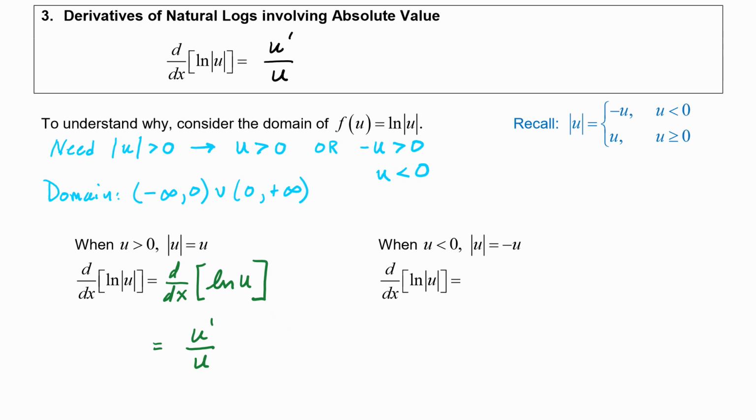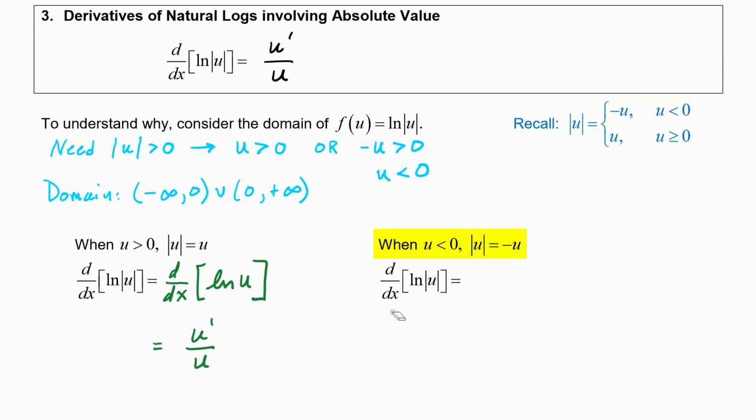Now, let's look at the case when u is less than 0, which is this part of the domain. Whenever u is less than 0, the absolute value of u is the opposite of u, and this comes right from this part of the definition.